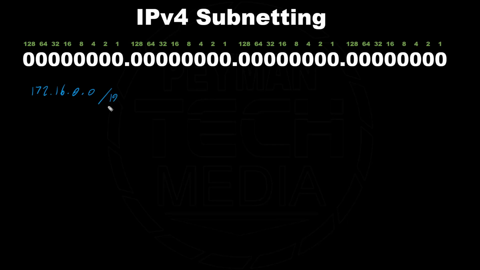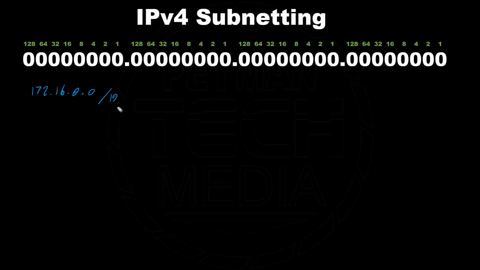How do we know this is class B? Looking at the first octet, 172 falls into class B, and the default subnet mask for class B, as we talked about previously, is 255.255.0.0. So this /19 means we have 19 bits turned on, network bits.